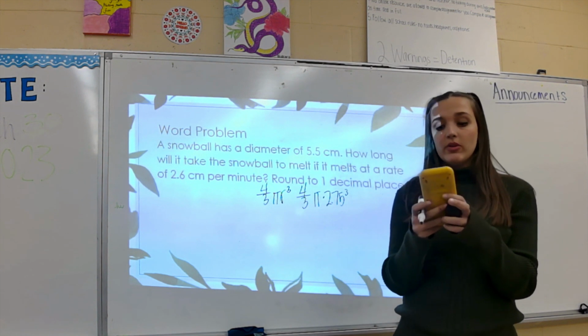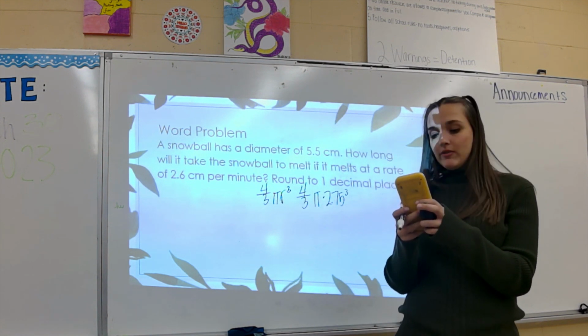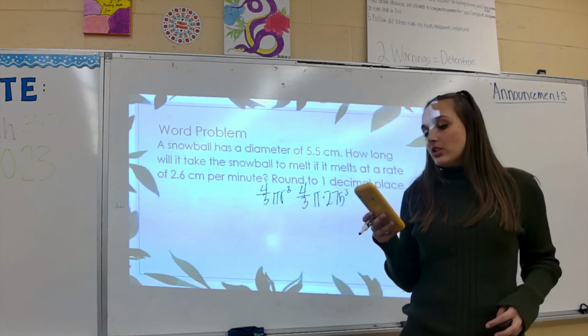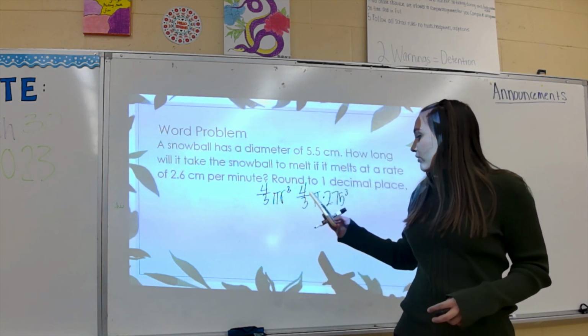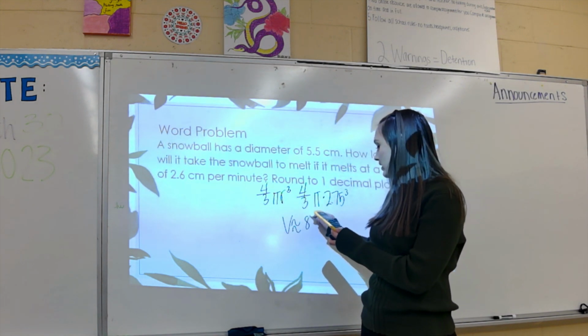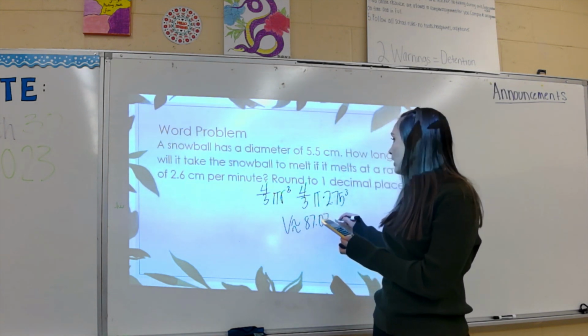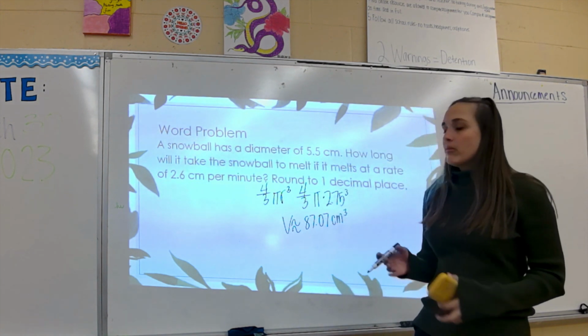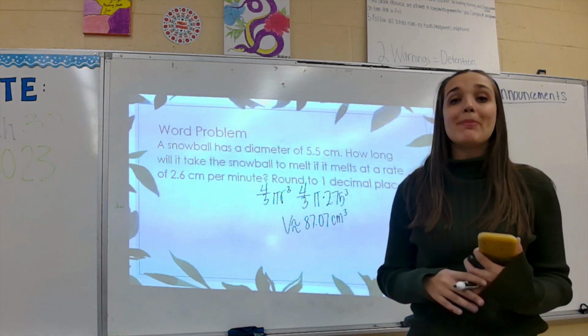4 times 3.14 times 2.75 times 2.75 times 2.75. I press enter, divide by that 3, and I get my volume as approximately 87.07, and I label it as centimeters cubed. Now with this problem, we are working with something melting.